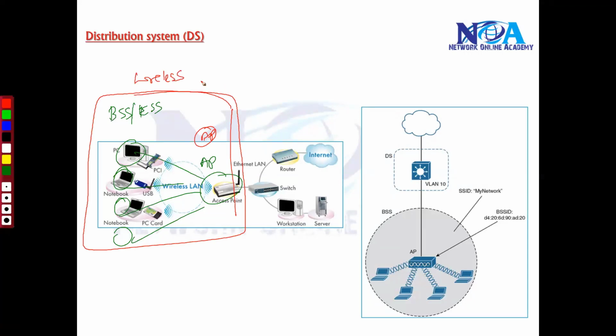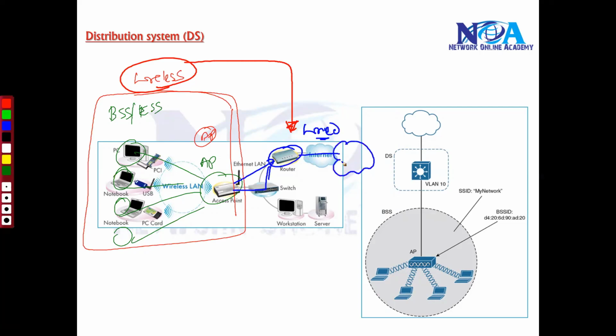But now what I want is for this wireless infrastructure to be able to connect and share resources with my wired infrastructure. Let's say you are connecting to the router from the switch, and from the router I want the users to be able to access the internet, and also the users connecting to my wireless network should be able to access the server or communicate with any other devices within the same VLAN, something like that.